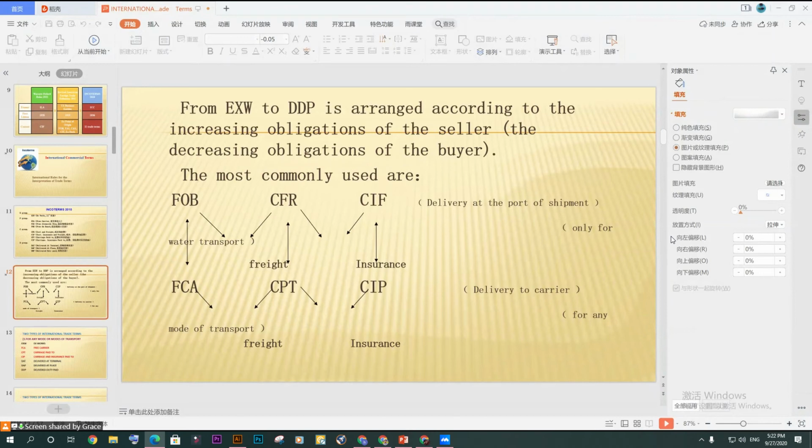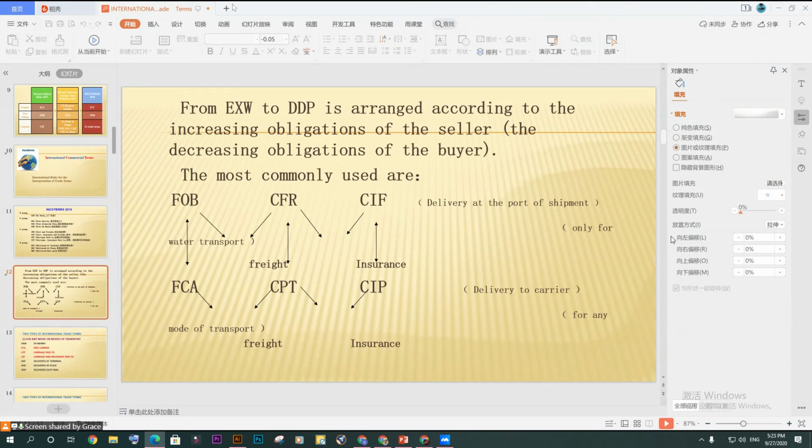So if we want to know what the trade terms really mean, we have to know the seller's risks, obligations, and costs, and the buyer's risks, obligations, and costs. So, let's learn it one by one.